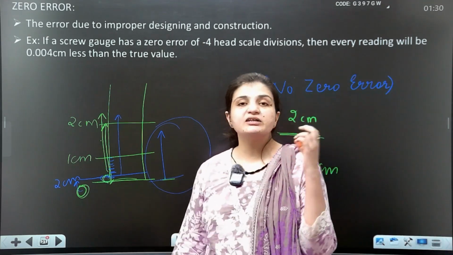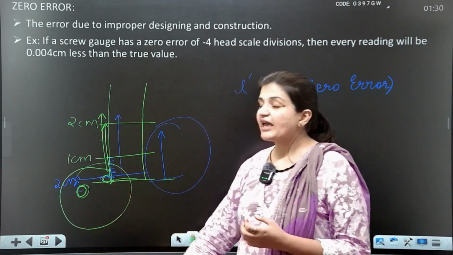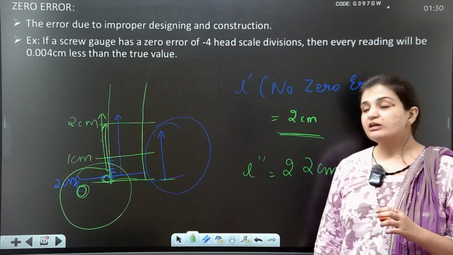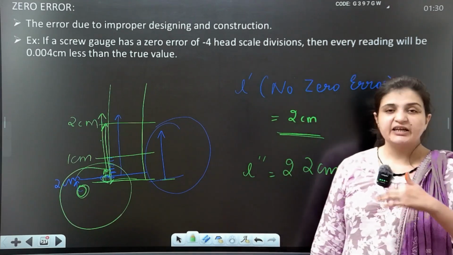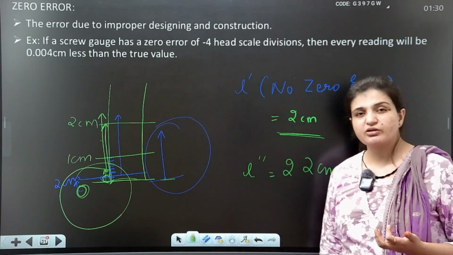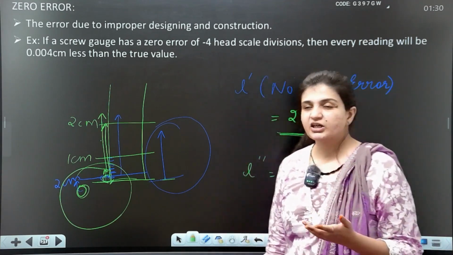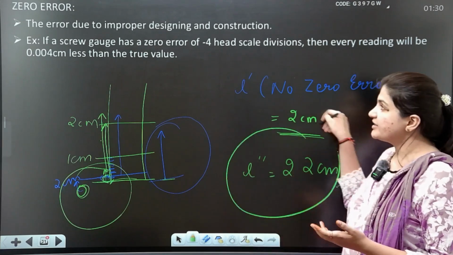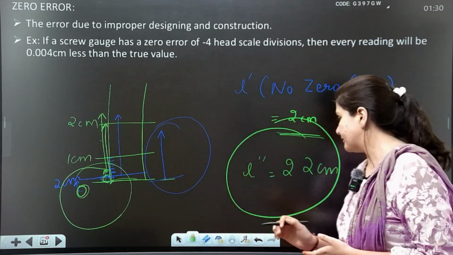This is called the zero error, which comes because of the error in the 0. The zero error can be shifted upwards or downwards, maybe 4 readings downward or 4 readings upward, due to which this error is coming. So this is what we call, students, the zero error.